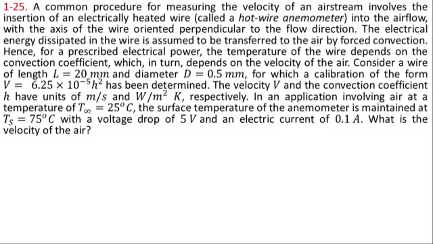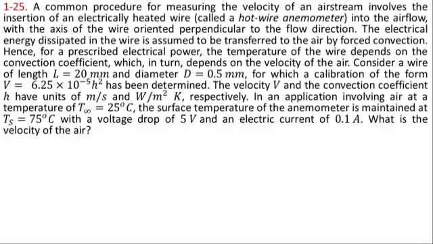Consider a wire of length L = 20 millimeter and diameter D = 0.5 millimeter, for which a calibration of the form V = 6.25 × 10^-5 h² has been determined. The velocity V and the convection coefficient h have units of meter per second and watt per meter square Kelvin respectively.